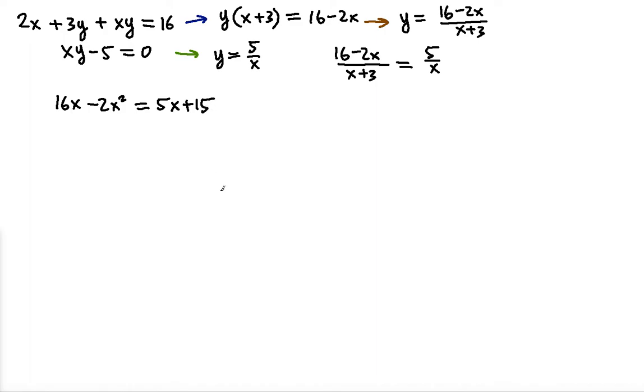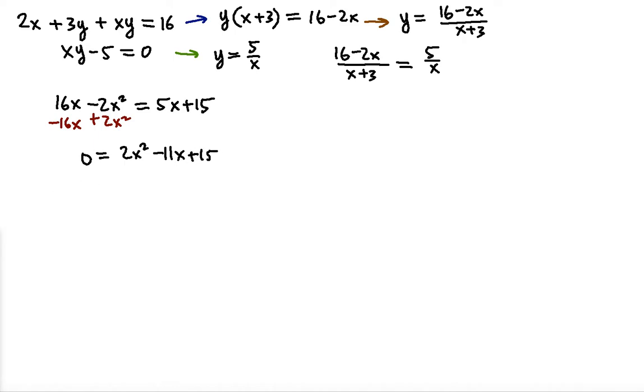So as a result of which, adding 2x squared on both sides and subtracting 5x, we get 2x squared. I'm going to write a 0. 0 is equal to 2x squared minus 11x plus 15.